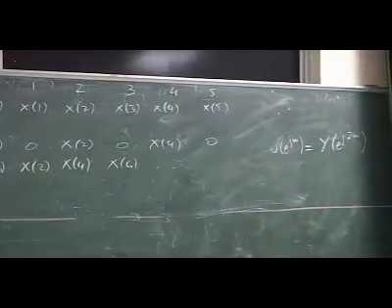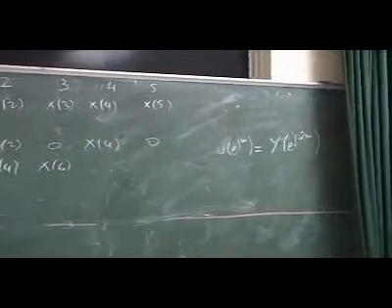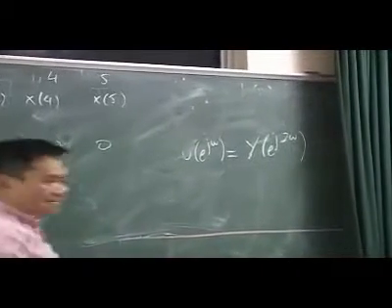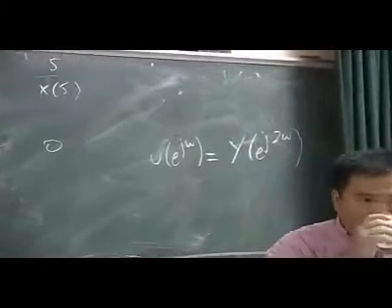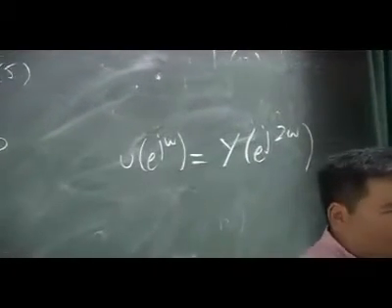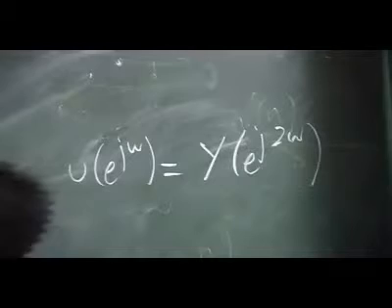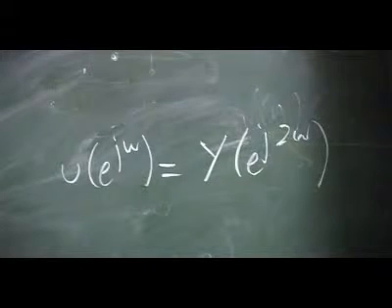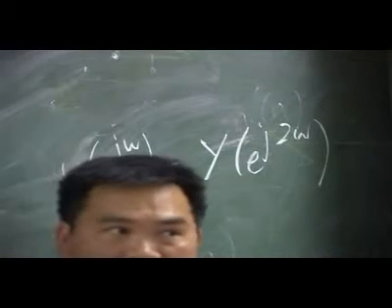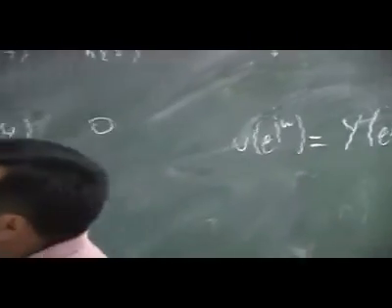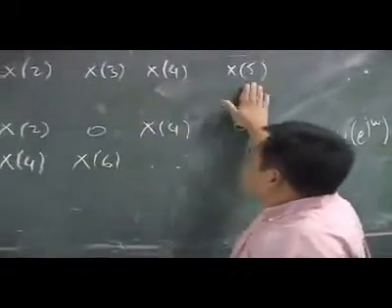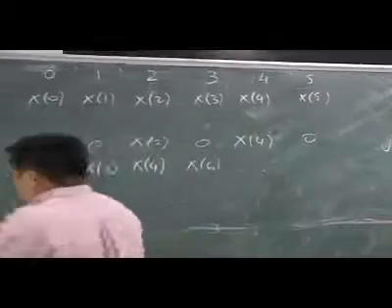Is that clear? How do I get x to u? What do I need to come up with another sequence here, such that when I combine together, I drop all the odd index samples?